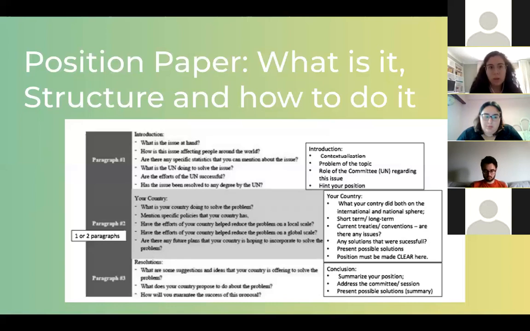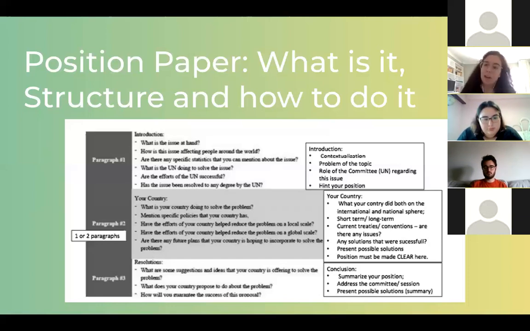For example, I don't think this will work in any of the committees here, but if you're talking about a problem regarding gender-based violence, and you are a country who has this as a law, for example, you can hint your position in this case, or that you have legislation regarding it.